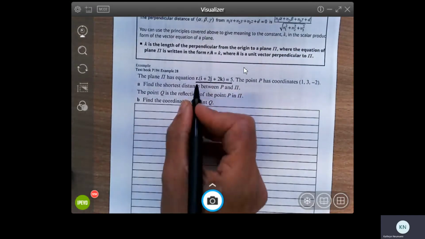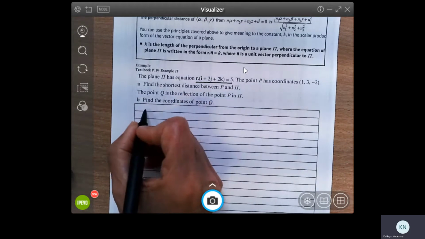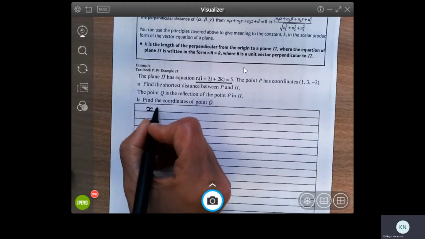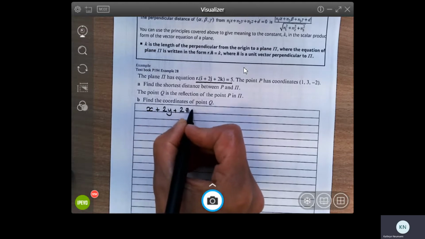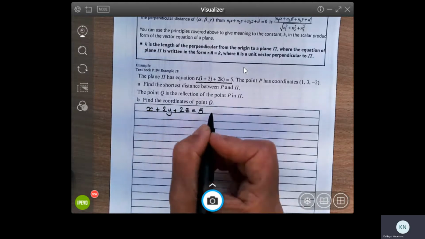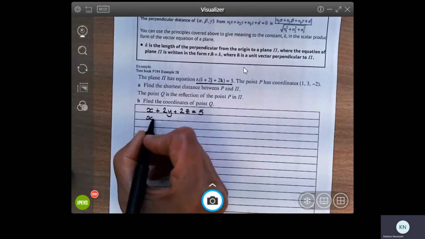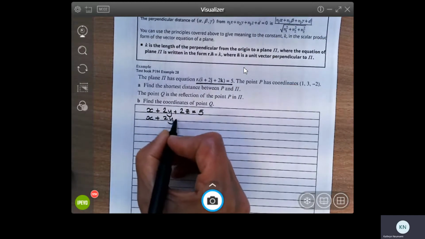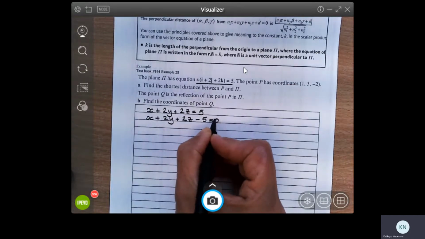If you substitute x, y, and z for your general point r, then you've got x plus 2y plus 2z equals 5. But like I said before, this has got to be equal to 0 in this formula, so we need to write it as x plus 2y plus 2z minus 5 equals 0.